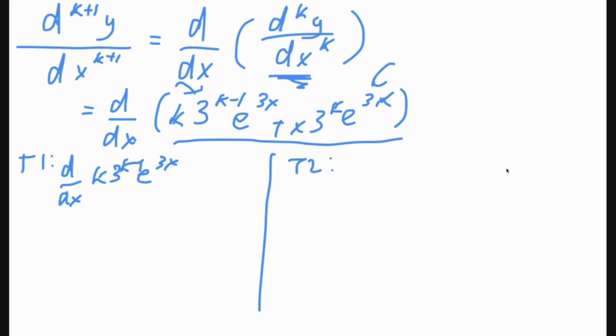So really the only thing we are differentiating here is e to the 3x. So we have, this is nothing but, we're just going to treat k times 3 to the k minus 1 as a constant. I'm just going to write that as an aside here. And the derivative of e to the 3x.